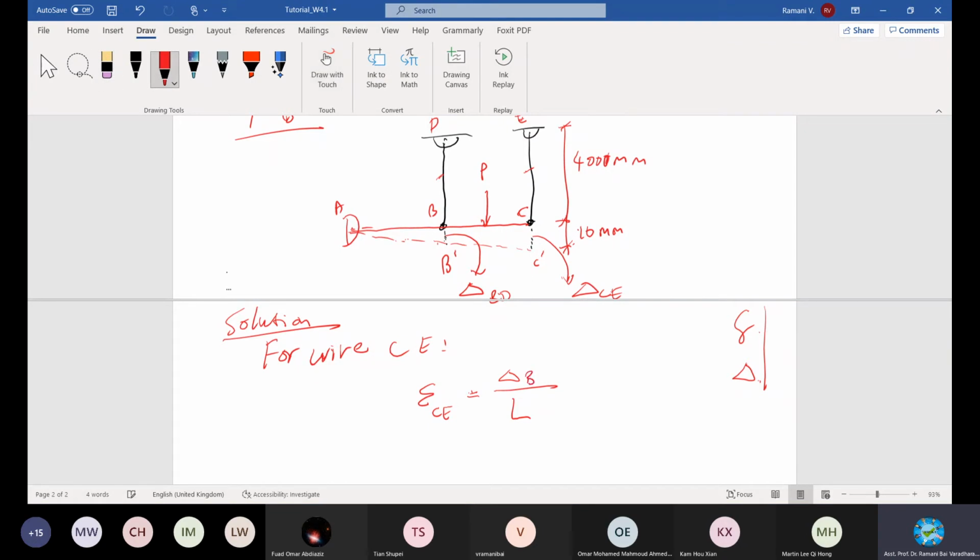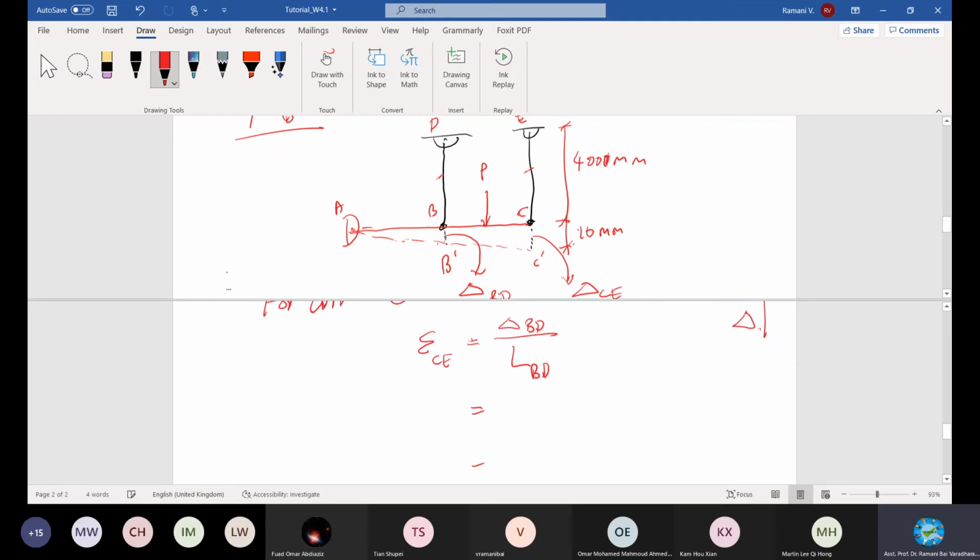Change in length to original length. Change in length to original length of BD. Both of them are given. The change in length at BD is given. We are talking about CE. I'm sorry, you correct me. I have too much imagination. I did something wrong. CE. Okay. Right.